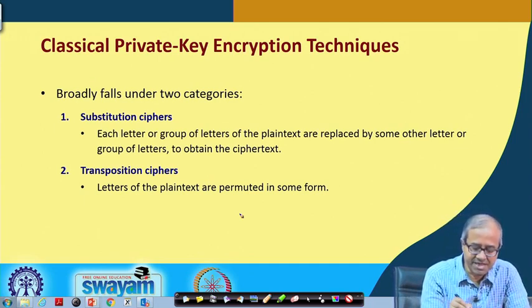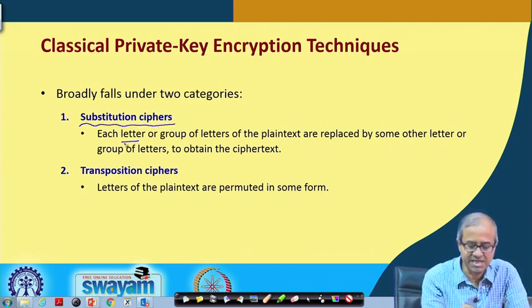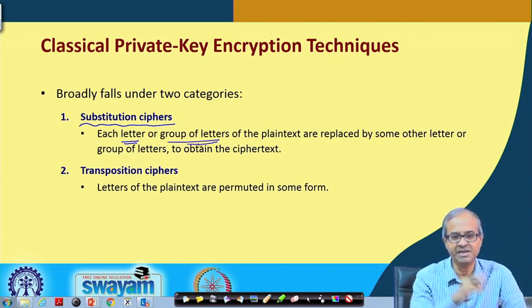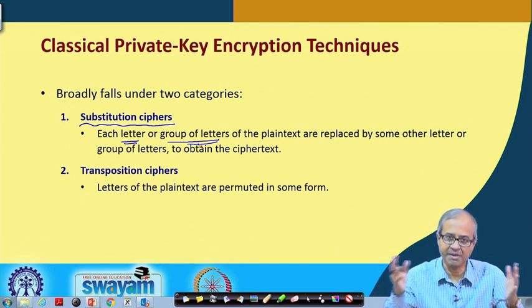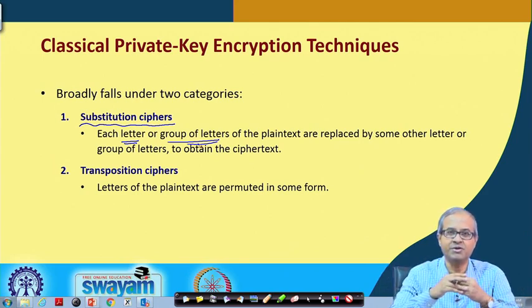The first category is referred to as substitution cipher, where we substitute each letter or a group of letters in the original plain text by a different letter or a different group of letters, so that my cipher text remains textual data, but the letters are all garbled up.